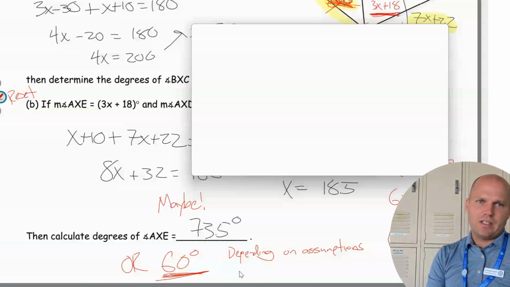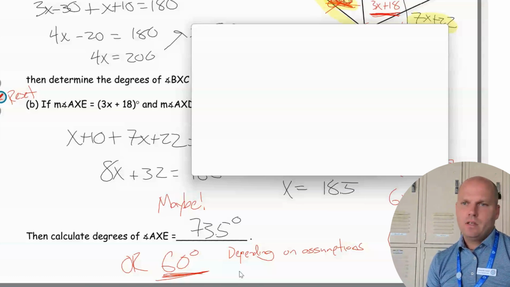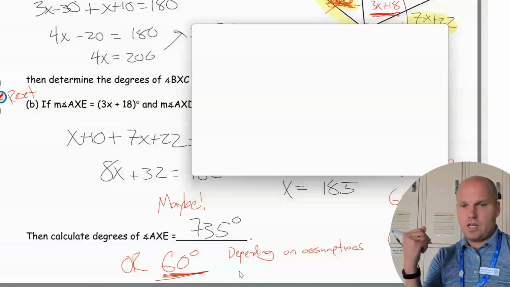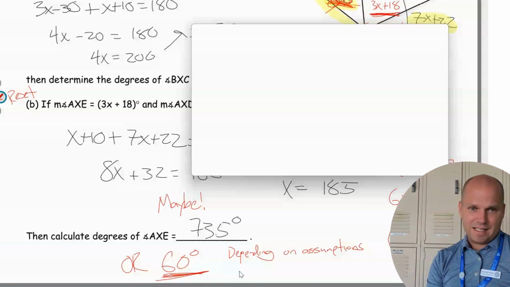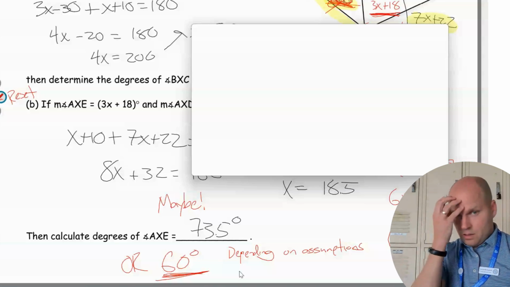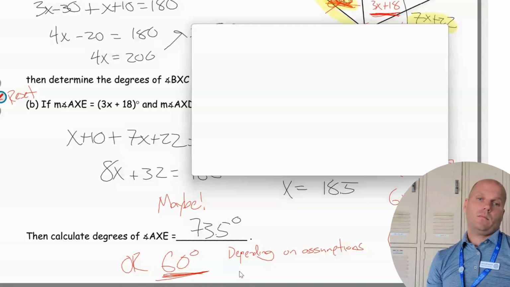Maybe what's best to do is use this angle and both of them added together: x plus 10 plus 7x plus 22 have to add to get 180 degrees. I get 8x plus 32 equals 180 degrees. I'll subtract 32. I get 8x equals 148.